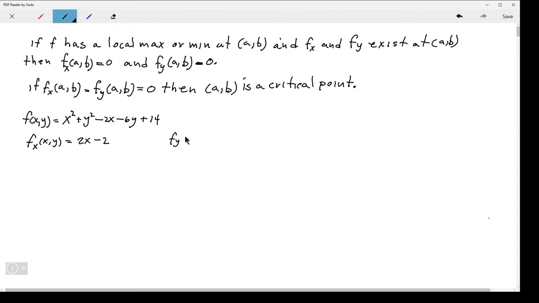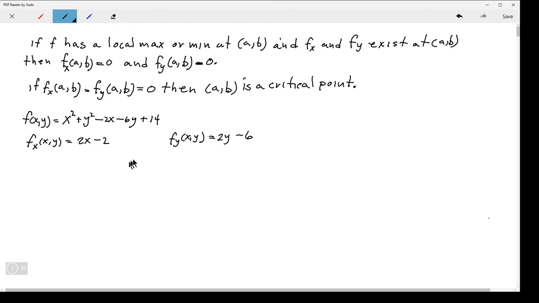Fy, again, with respect to y, that's going to be 0, 2y, that's going to be 0, minus 6, and that's going to be 0. So there are my first partials.